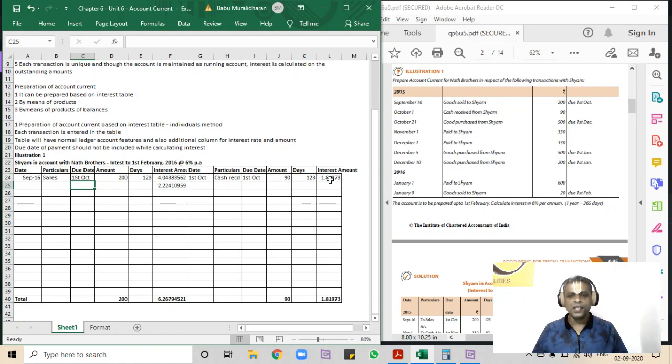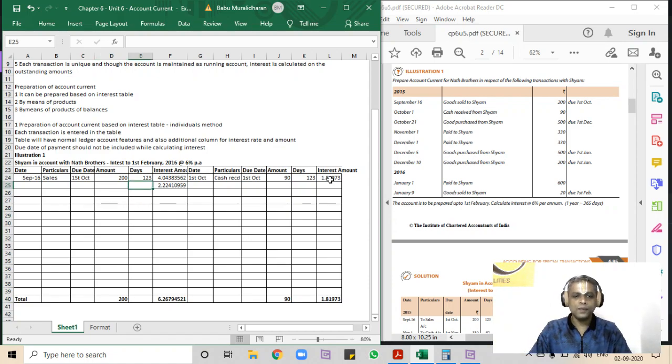If the invoice is mentioned, like this amount is paid against this invoice, and if the amount is not settled fully, then interest will be calculated because I have paid an advance, I paid a partial amount, so I am entitled to interest on the amount I have paid. Similarly, since the account is not settled, the interest has to be calculated unless the invoice is mentioned. We'll come to that question in a later problem. But because this is an ad hoc payment that is received against the due amount, interest is calculated on both the invoice value as well as the payment side.